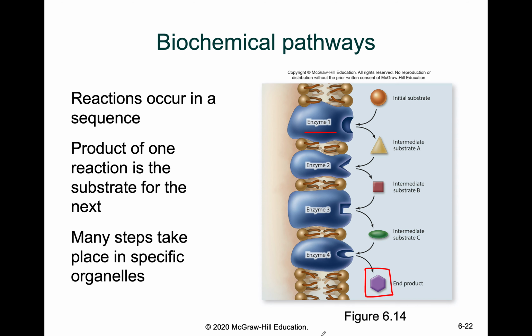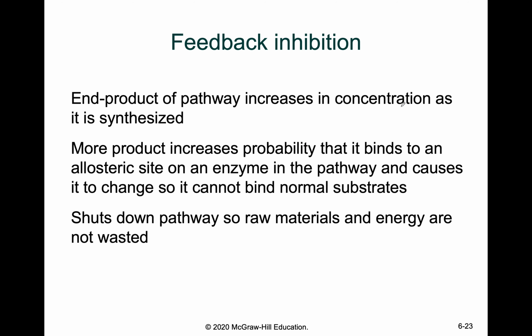If you could imagine the scenario going on for hours, it would stop when you have no more initial substrate. But what if we don't want to deplete this entire initial substrate? What if we want to get to a point where, when we hit a certain concentration, we want the entire reaction to stop? Well, that's where feedback inhibition comes into play.